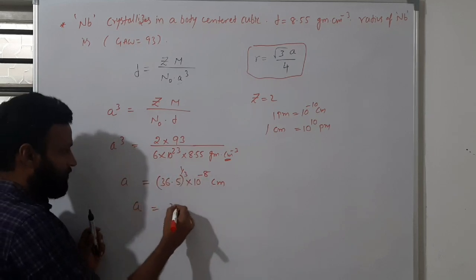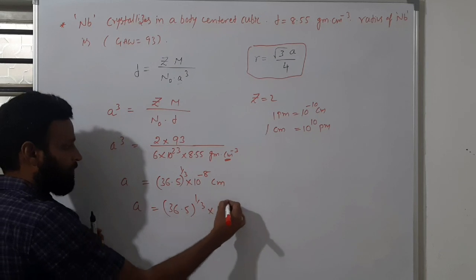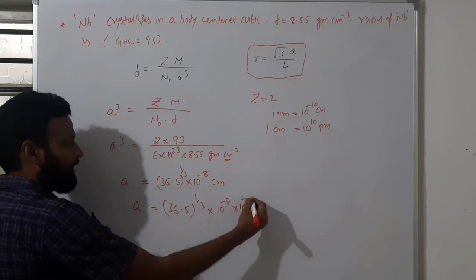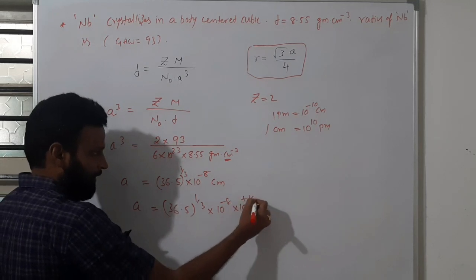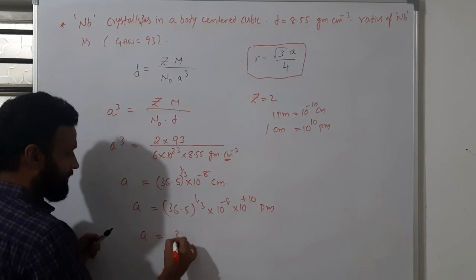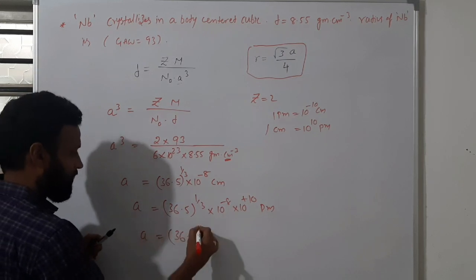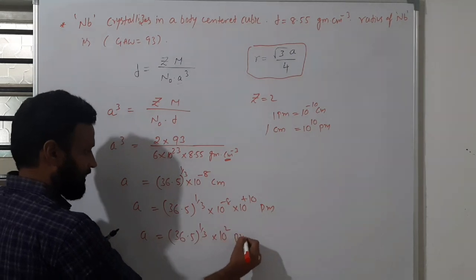Then a is equal to 36.5 power 1 by 3 into 10 power minus 8 into 10 power 10 picometers now. So what will I get? A is 36.5 power 1 by 3 into 10 square picometers.